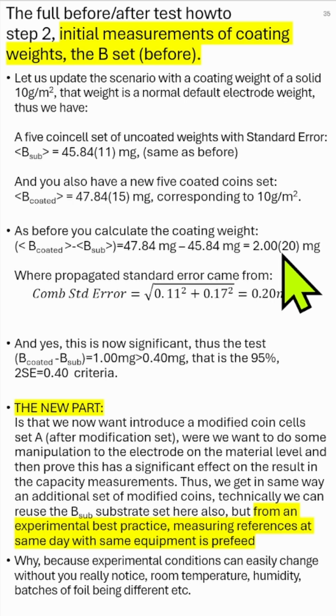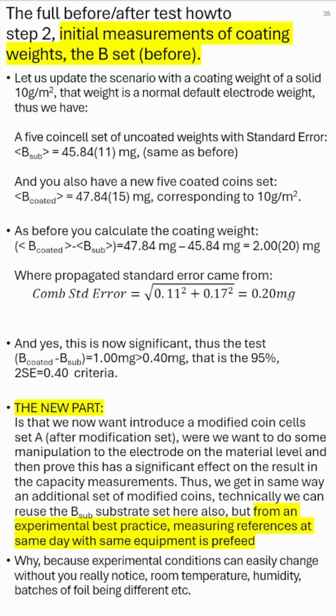And the standard error is 0.20 milligram. We see that it comes from the same formula of combined standard error calculation, that Pythagoras thing, where we add these individual standard errors in square and take the square root of that. So that becomes 0.20 milligram.